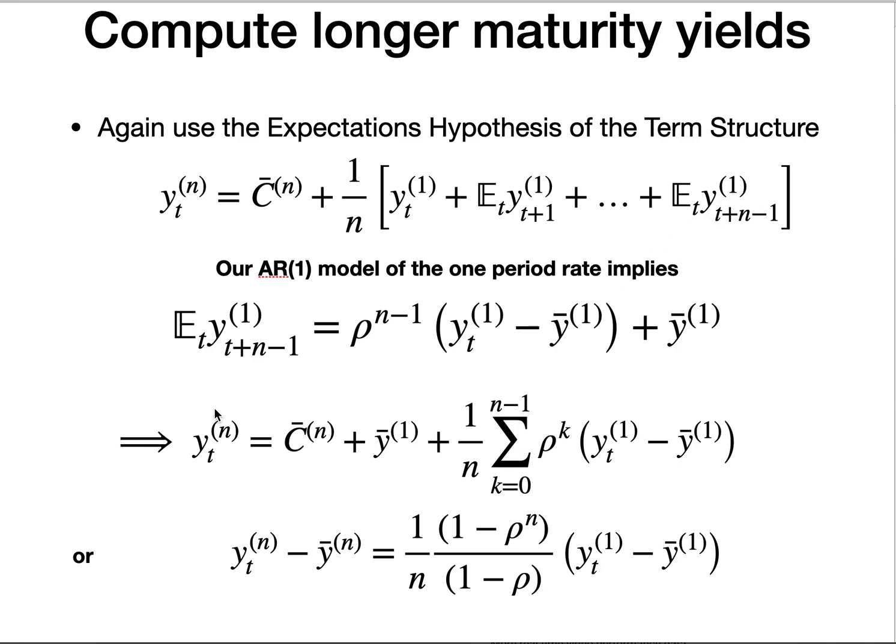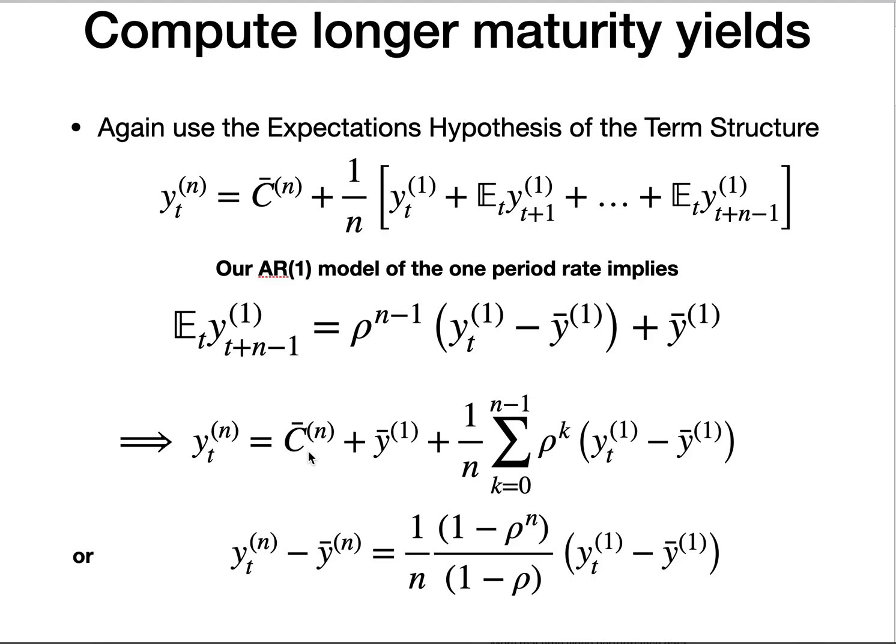A general formula is given here. So the expectation at any given horizon is just rho to the n minus 1 times this gap plus the unconditional mean. And we've estimated this term premium, again using all the available data for the long run average of the slope of the term structure.